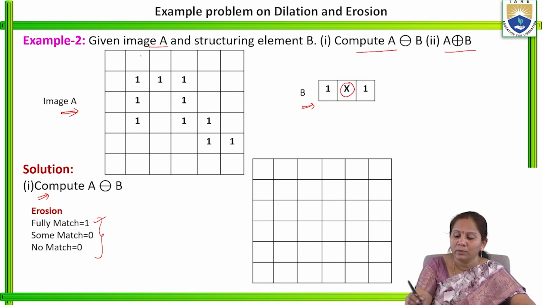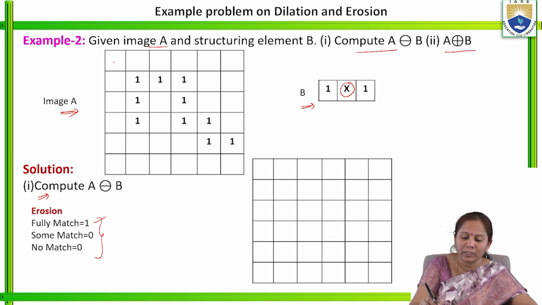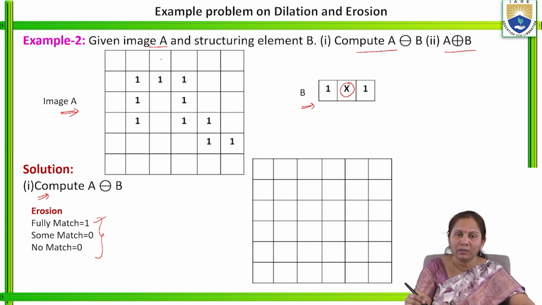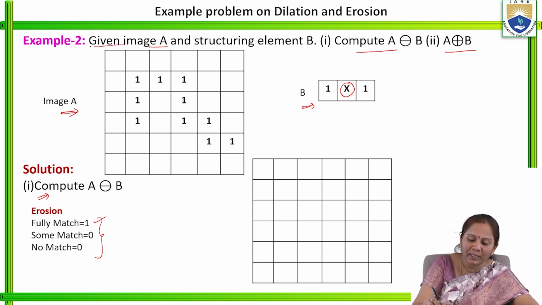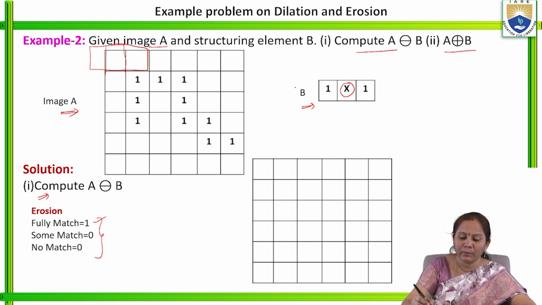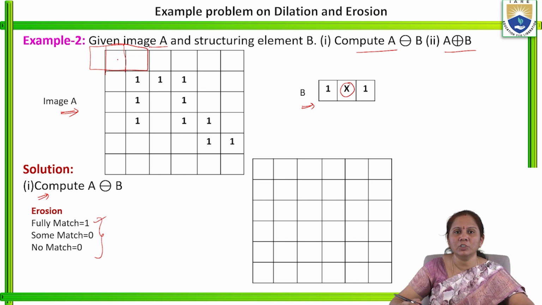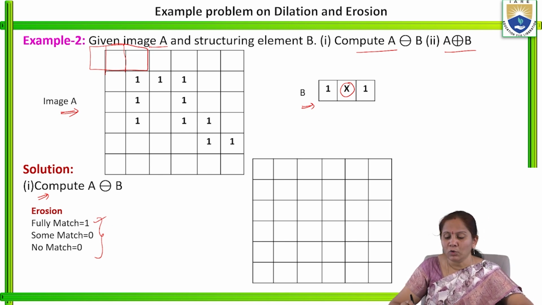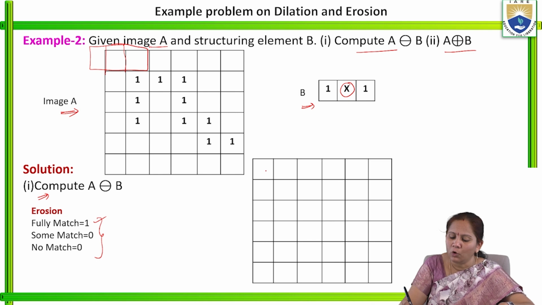Now, if you place this structuring element to find the first pixel value, nothing is available. All these are vacant spaces. If you place the structuring element here, these are the 3 cells: 1, don't care, 1. Even though elements are available in the image A, nothing is available here, so there is no match. We can keep the output pixel value as 0.